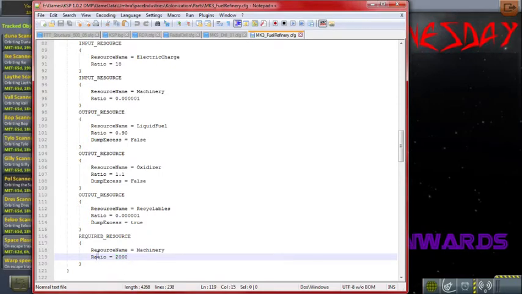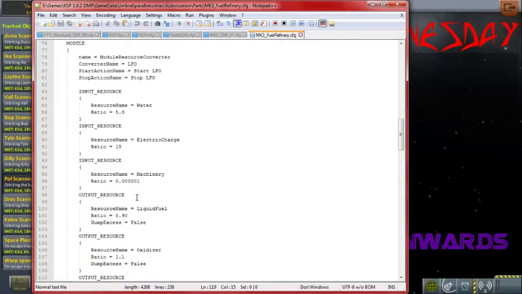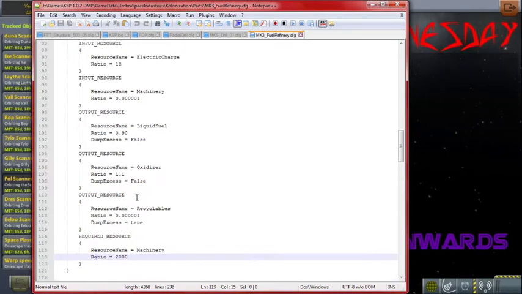But then again, it says ratio, which is very weird. It kind of doesn't fit in with the rest of the recipe. I couldn't think of the name then. So quite curious as to what that actually does.